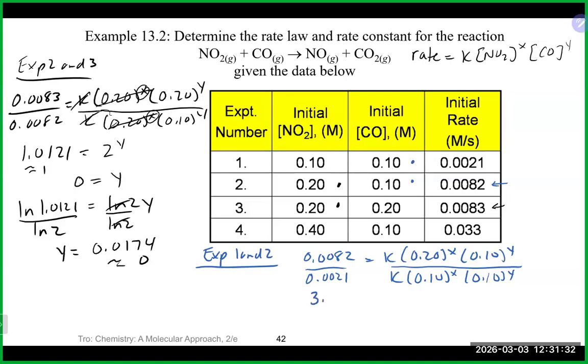Get something like 3.90476. Again, these guys are going to cancel. In the middle here will give you 2 to the X, and these guys at the end will completely cancel.